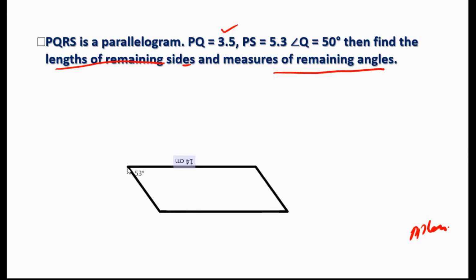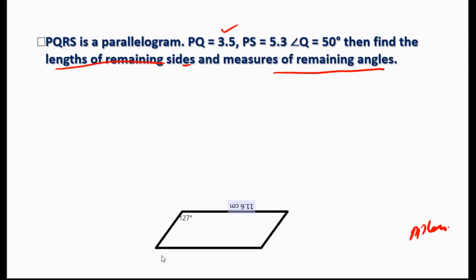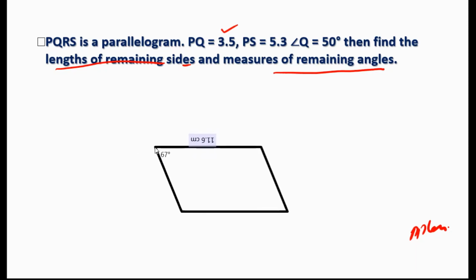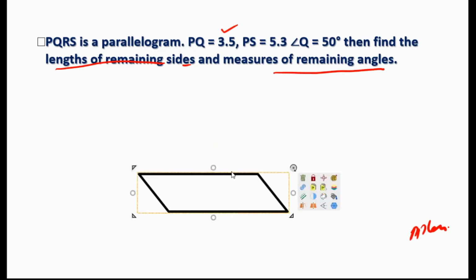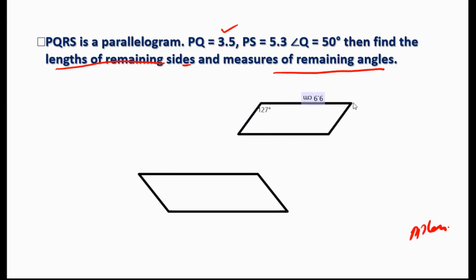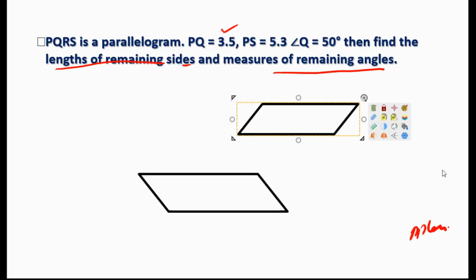So I am trying to show you how I can draw that 50 degree one. Let's see, this is equal to 50 degree. This is a 50 degree triangle, or I can draw a triangle in this fashion also, where 130 degree can be adjusted. Okay, now it is 130 degree.